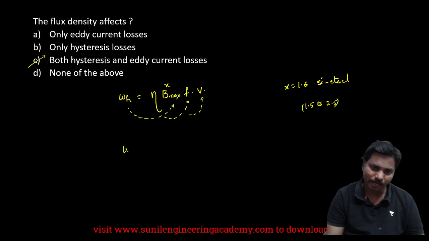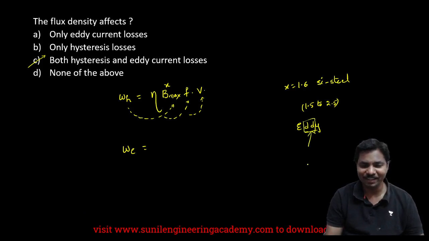In the same way, eddy current losses. There is a very simple trick, our own patented trick: eddy current is D into D square, that means in the formula all the terms are squared, except the constant.